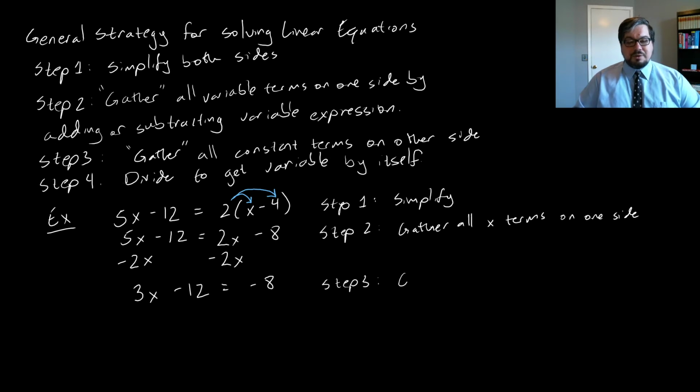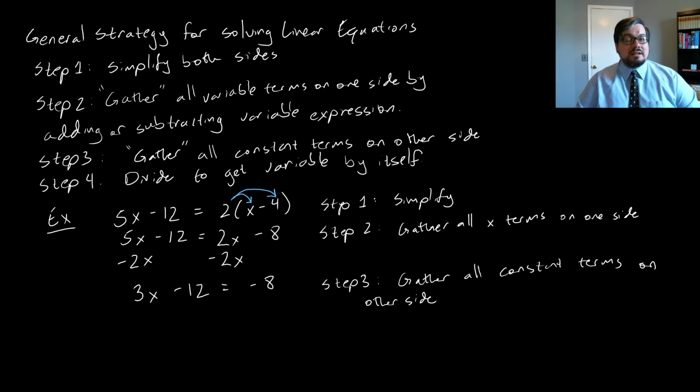Now step 3, I'll gather all constant terms on the other side. It is important that once you've gathered all of your x's on one side of the equation, you need to gather all your constants on the other side. Otherwise, the last step won't work.